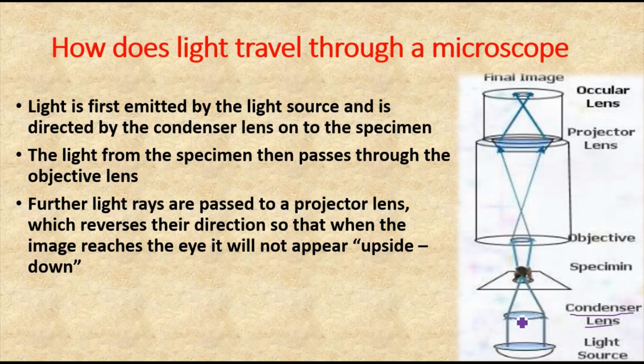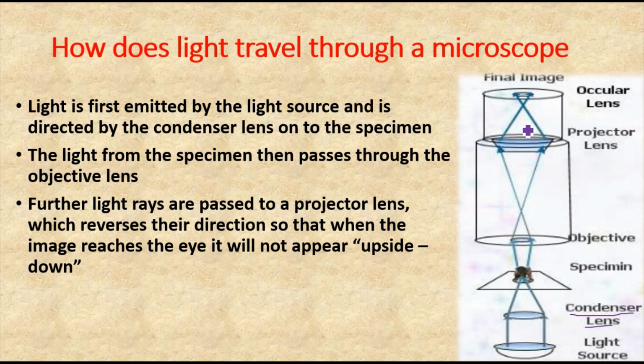Now once the condenser makes the light rays fall on the specimen, the light from the specimen then passes through the objective lens, the one which is nearer to it. Now further light rays are passed to the projector lens, that is nothing but our eyepiece, the ocular lens, and the final image is going to be formed in the eye.